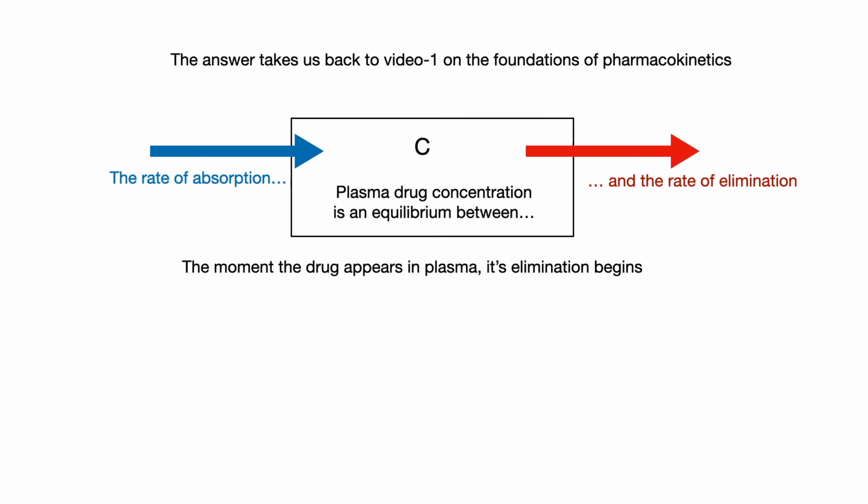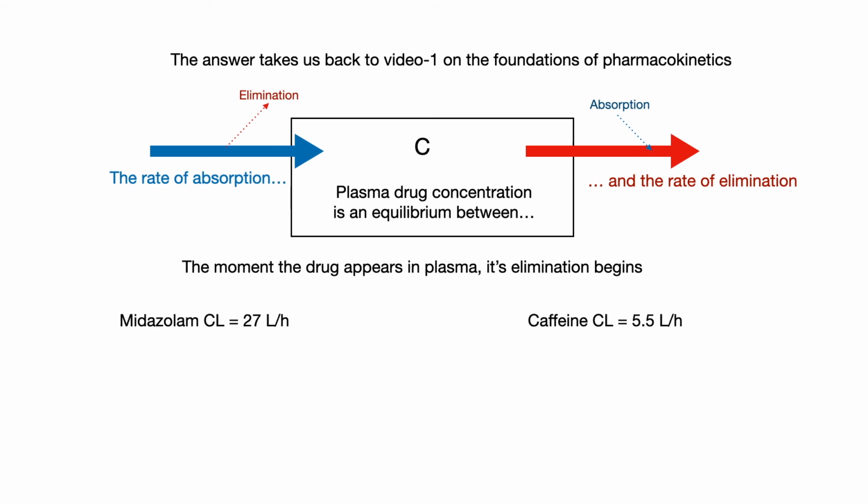As soon as the drug gets into the plasma, elimination begins. So behind absorption, there's a little bit of elimination going on. And of course, behind the elimination, there's also a little bit of absorption going along. And the shape of that pharmacokinetic curve is due to the equilibrium in those various stages.